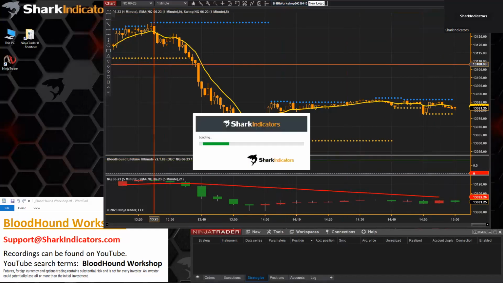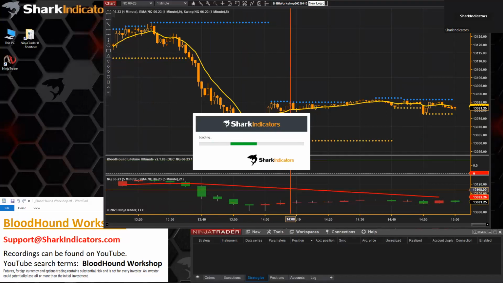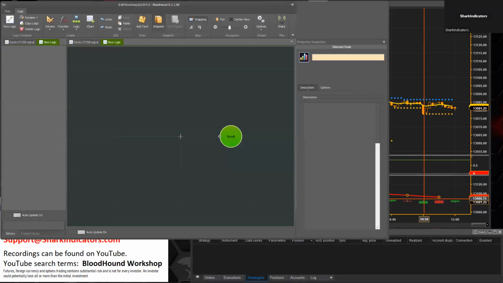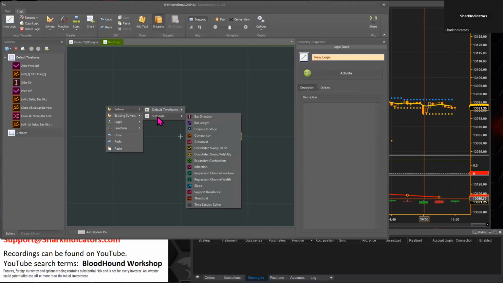All right, so let's start by building the SMA filter here. We'll compare the close of the bar to the SMA. So we're going to add a comparison solver on the 5 minute chart.